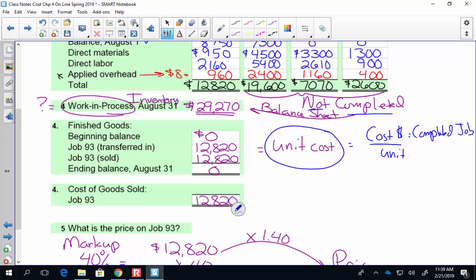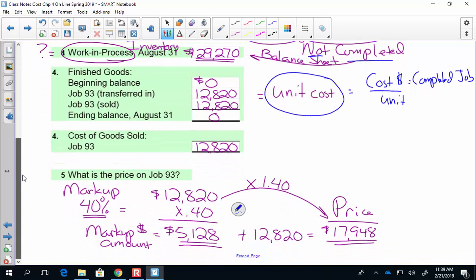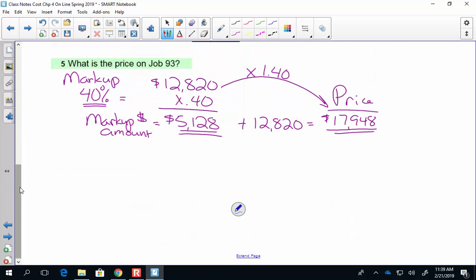Only when it's done can we come up with this cost per unit. And it shows how we come up with our cost of goods sold, which is what? The actual cost we took out of finished goods. So this is that flow again from WIP to finished goods to cost of goods sold that we want to make sure we understand for chapter 4.